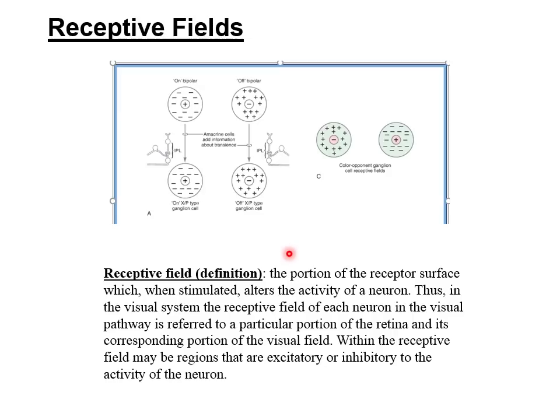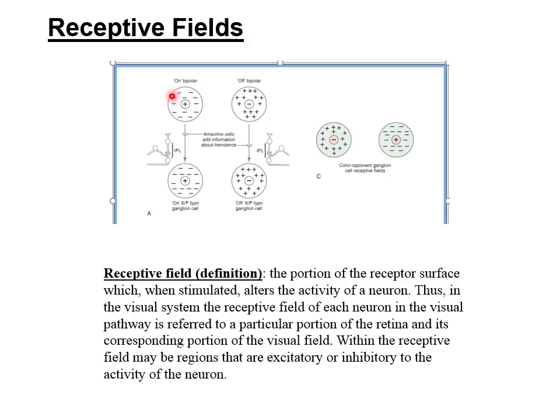In this case, for a ganglion cell, it might be excited when the central portion of this portion of the visual world is lit up, and it might be inhibited when the surround is.